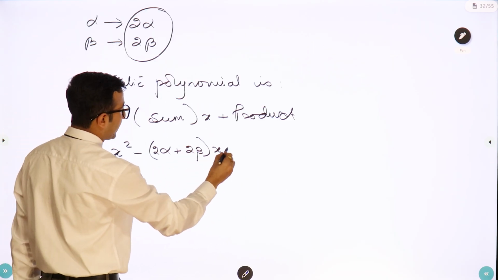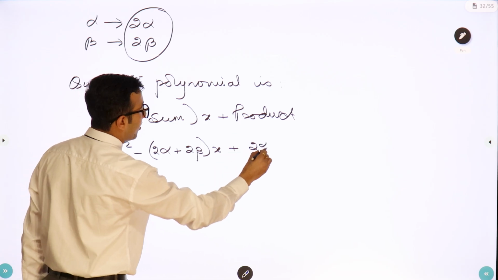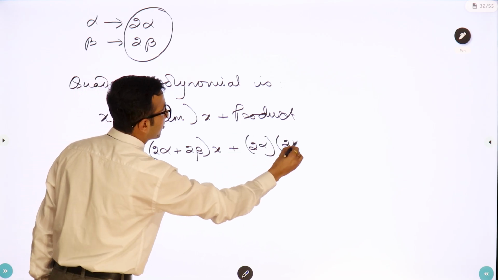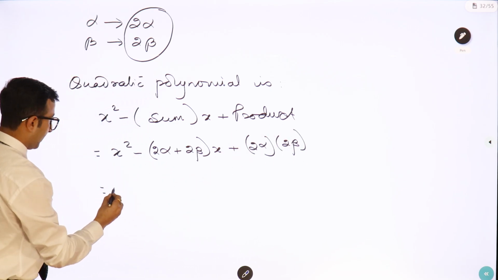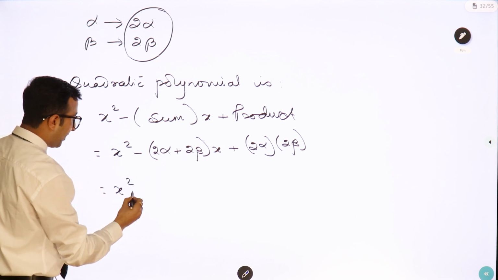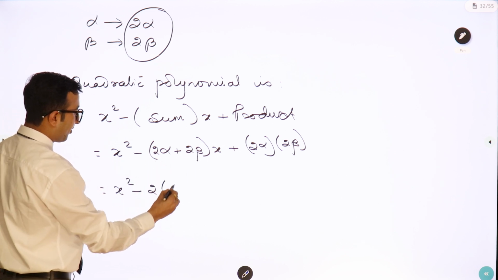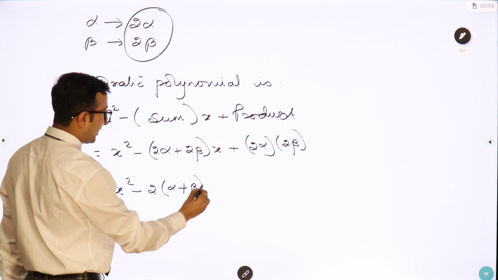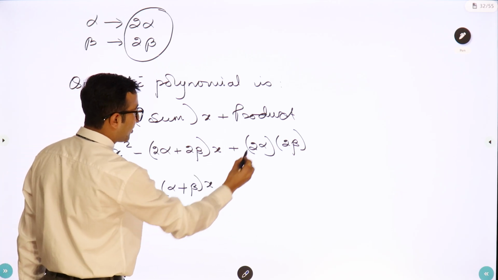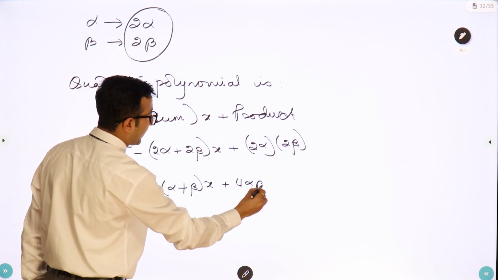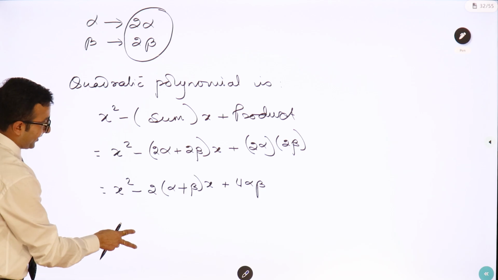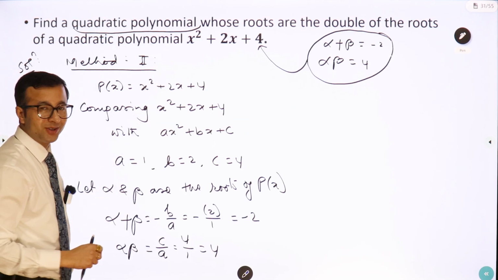Into x plus the product of the roots, meaning 2 alpha times 2 beta. Do we have any common factor? Yes, 2 as a common factor: 2 into alpha plus beta into x, and 2 twos are 4 alpha beta.